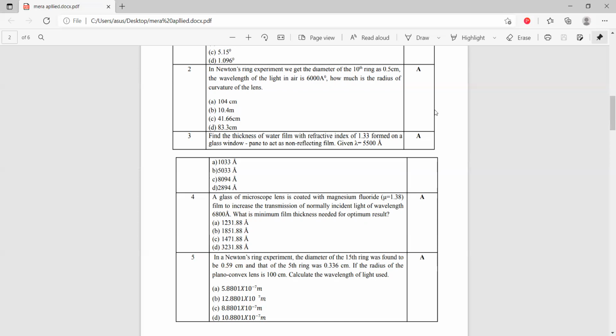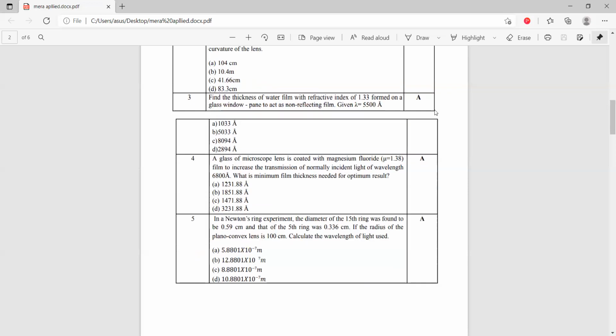Our options are A 1231.88 angstrom, option B 1851.88 angstrom, option C 1471.88 angstrom, option D 3231.88 angstrom. So our correct answer is option A, 1231.88 angstrom.